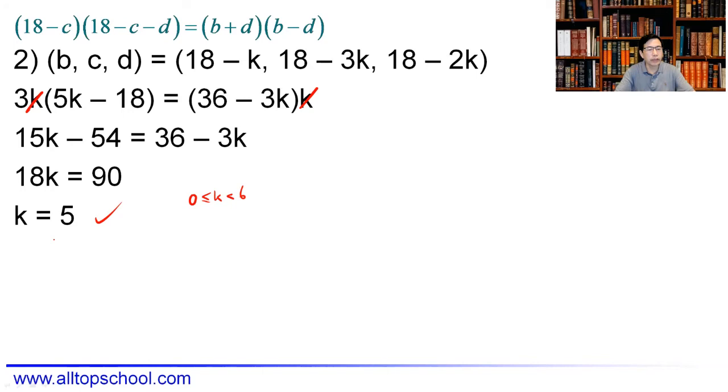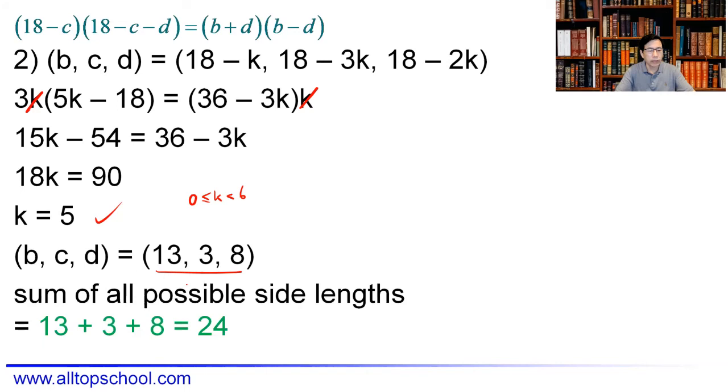But for this one, we're going to calculate the value of the sides. So the value we're going to plug in: 18 minus 5 is 13, 18 minus 15 is 3, 18 minus 10, you get an 8. So these are 3 possible values for the other 3 sides. Any of them could be the value of A, right?